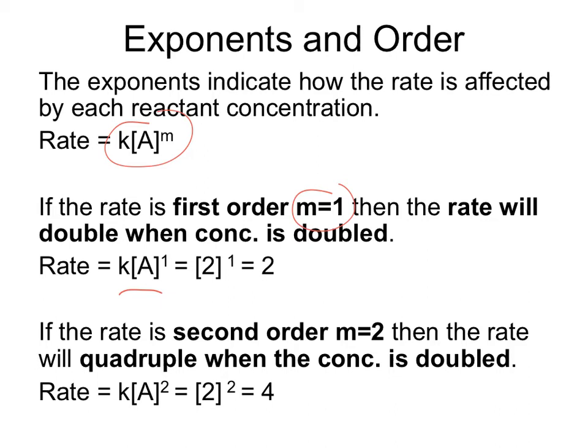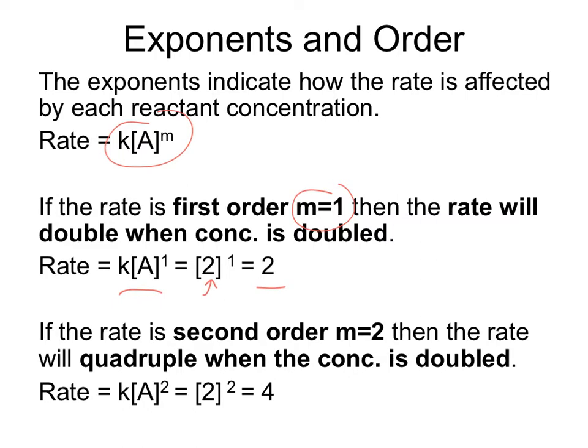Whatever concentration for A I plug in, that's going to be the rate that I get. If I start with a concentration of 1, I will have a specific rate. If I double that concentration, my reaction rate is going to be doubled. If I triple it, it's going to be tripled, etc. It's a direct relationship in that respect.